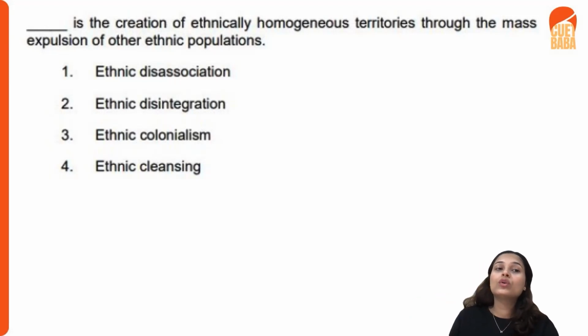He wanted a mass expulsion of this one ethnic population, the Jews. So what he did was ethnic cleansing, because ethnic cleansing is rendering an area ethnically homogeneous by using force or intimidation to remove persons of another ethnic or religious group from a given area, right?